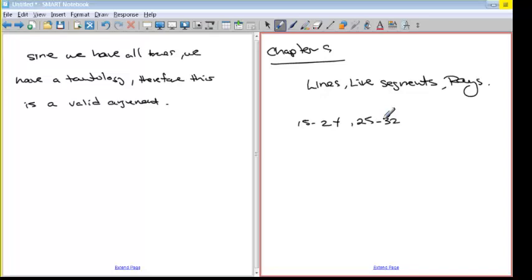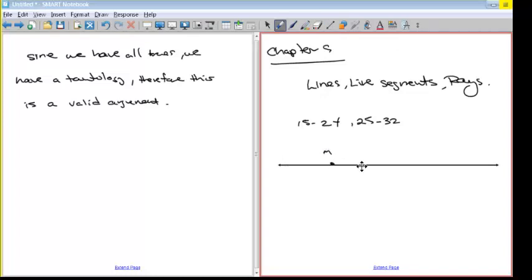So what you'll see there is they ask you to find these different types of lines. It's more like 15 through 24. I'm going to give you a question and you have to identify what's going on here. So I will give you a line like this, a continuous line. I'll give you some points on it.